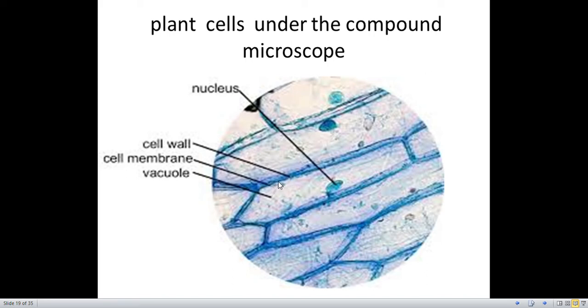Inner to the cell wall there is a membrane called cell membrane, and there's a large vacuole in plant cells. So you will be able to identify these parts in plant cells. Shall we go through it again? You will be able to observe nucleus in plant cells under the compound microscope. You will be able to identify cell wall. Inner to the cell wall there is a membrane called cell membrane, and you will be able to identify the vacuole.